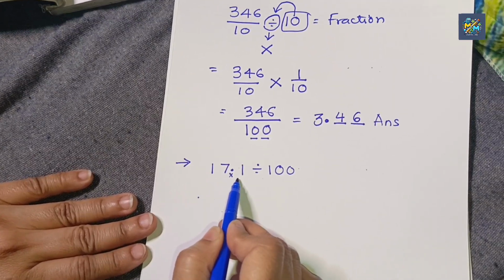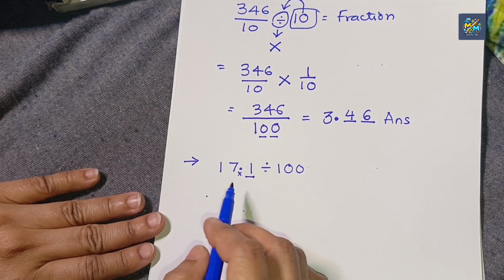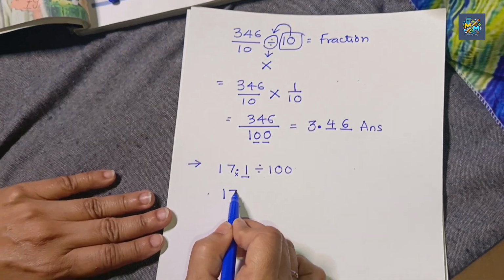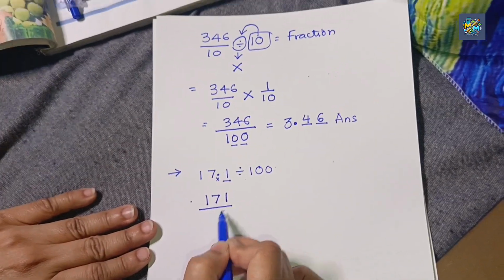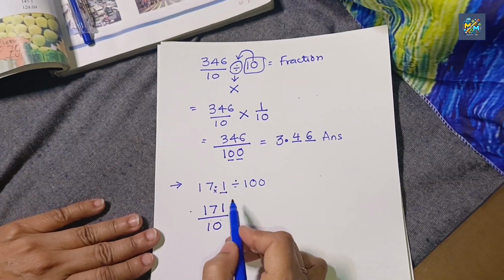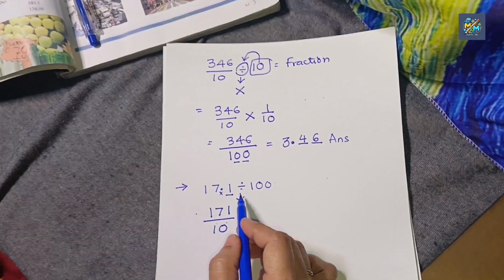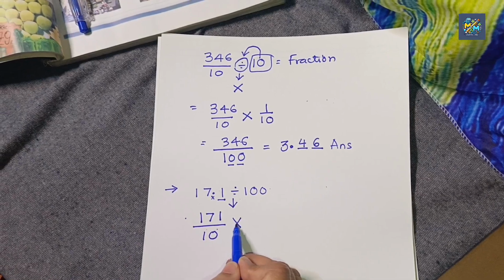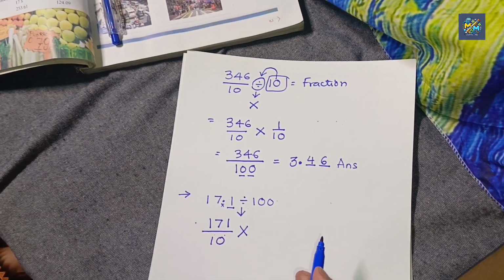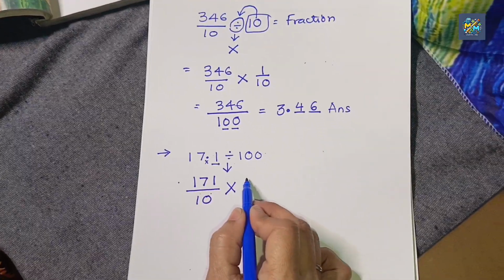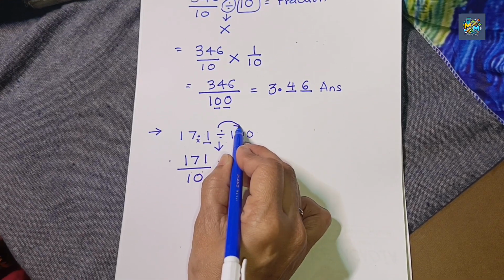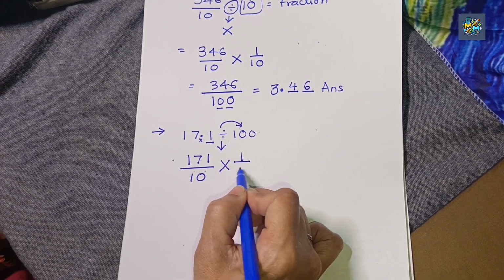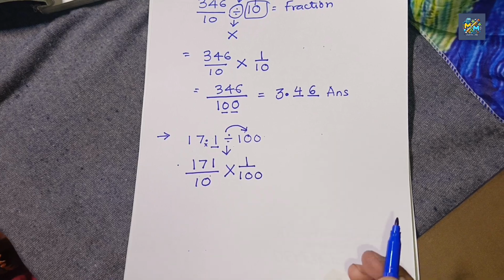After the decimal there is one number, one digit. So this is going to be 171 upon 10. After this, I am changing the division sign into a multiplication sign. And after that, it is going to be 1 upon 100.